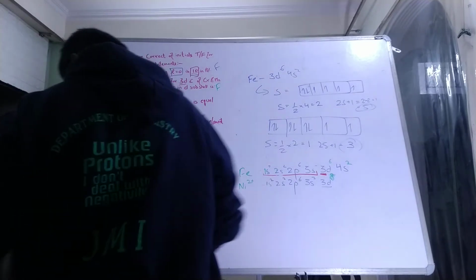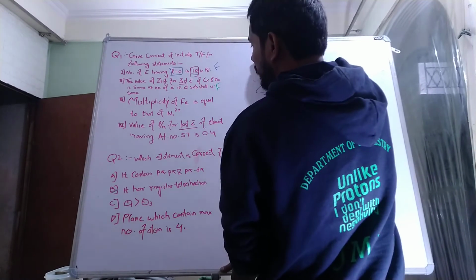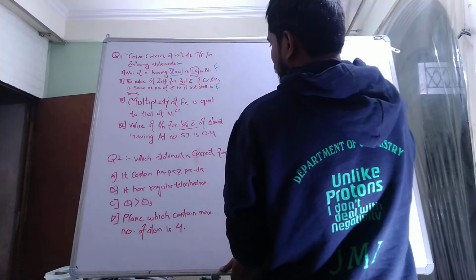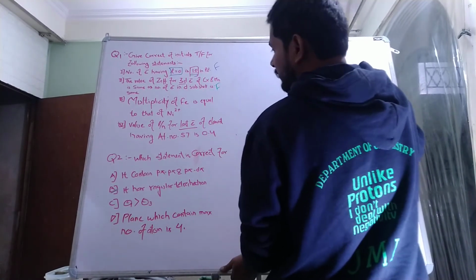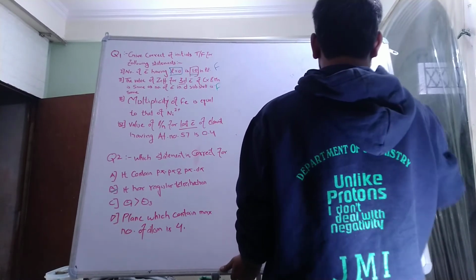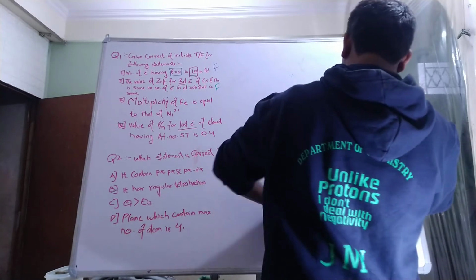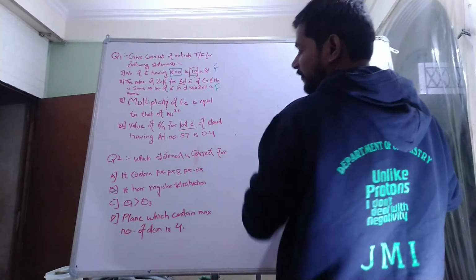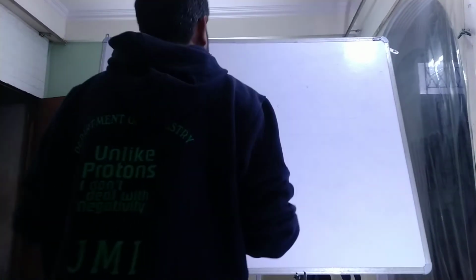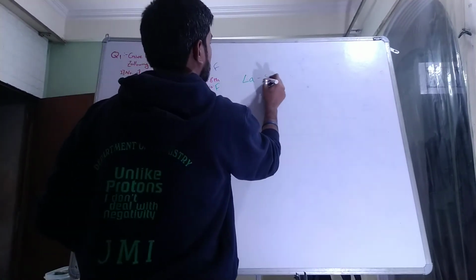The last statement is: the value of L by N for the last electron of the element having atomic number 57 is 0.4. So the atomic number given is 57, which is lanthanum.